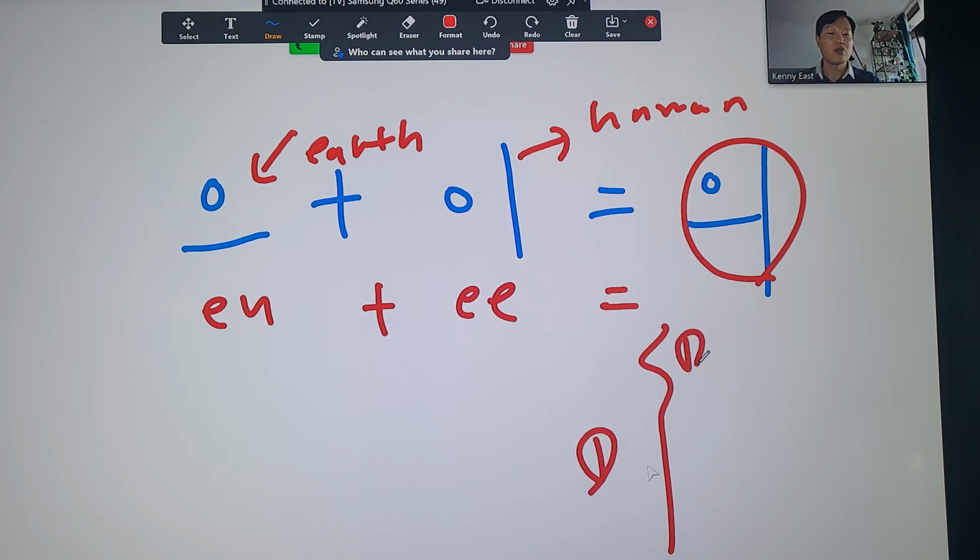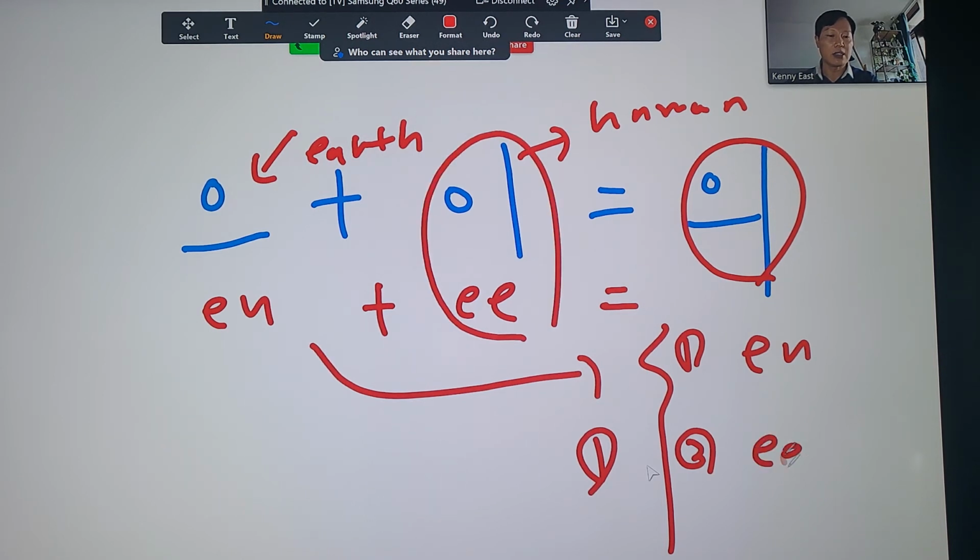Number one, you read it like the first sound. Number two, the second sound. Third, you sometimes have to read it like another sound. So this double vowel has three different ways to read it. So it's quite difficult, right? Then I'm going to explain how to distinguish between the sounds.